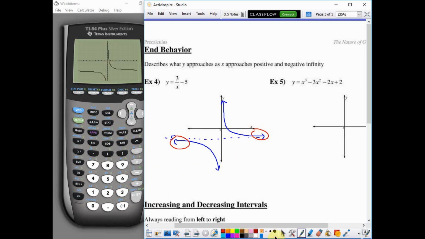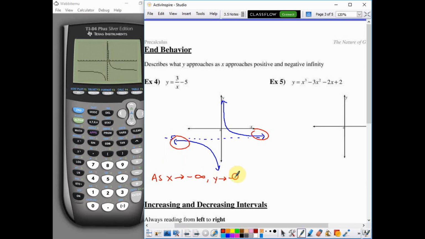So here's how we write our end behavior. As the x value approaches negative infinity, so that means as the graph goes to the left, the y value is getting infinitely close to negative 5.